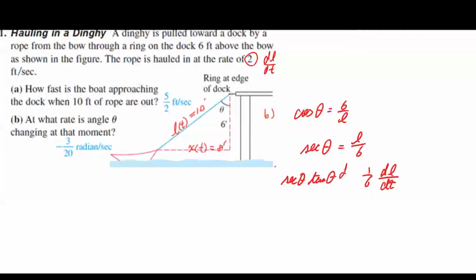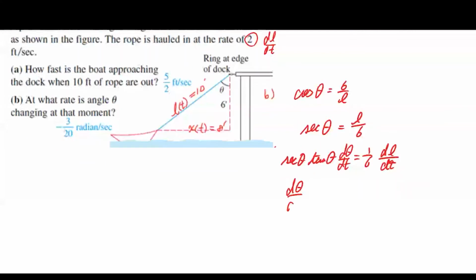Yeah, that's the one we are looking for. If you forget that, then we have nothing, right? So solving for d theta/dt is, so we have cosine theta. Let me put it this way, 1 over 6, and then cosine theta, cotangent theta, and then dL/dt. So far, so good.